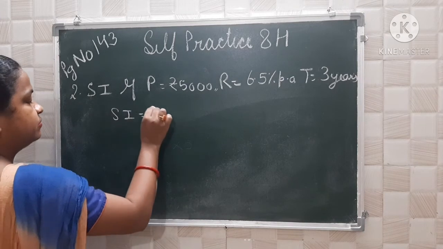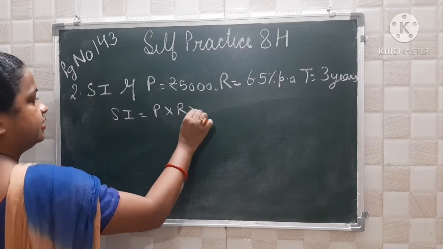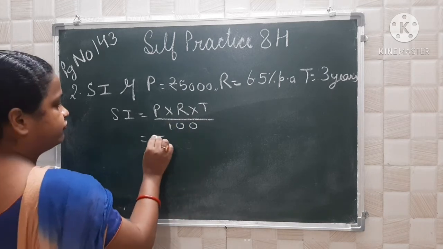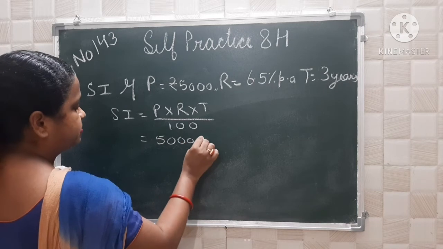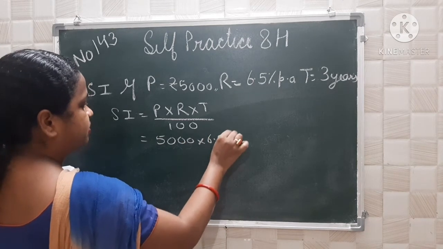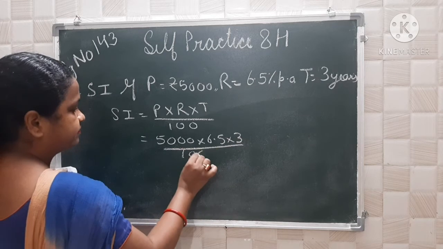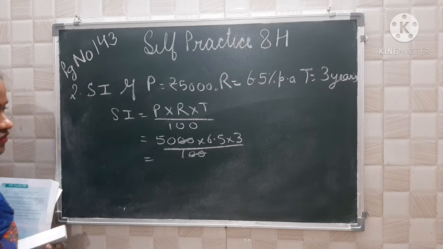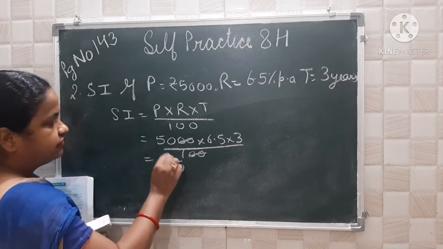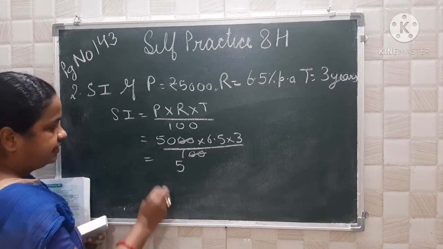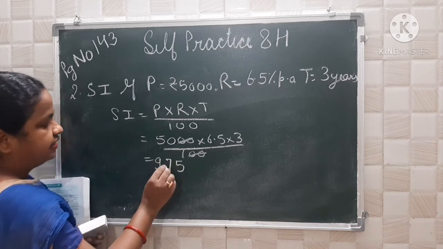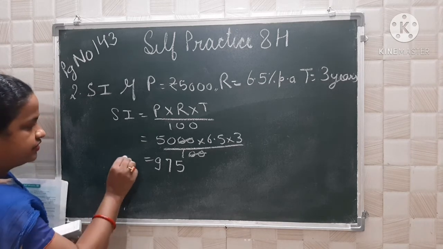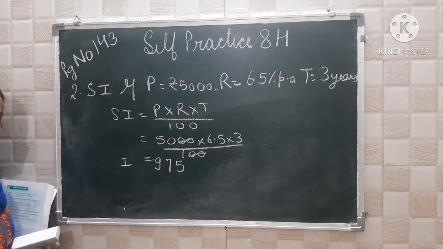SI is equal to P into R into T upon 100, then 5,000 into 6.5 into 3 upon 100. Zeros cancel out. 5 3s are 15, 15 5s are 75, 15 6s are 90, and 90 plus 7 is 97, 975. So your interest will be rupees 975.